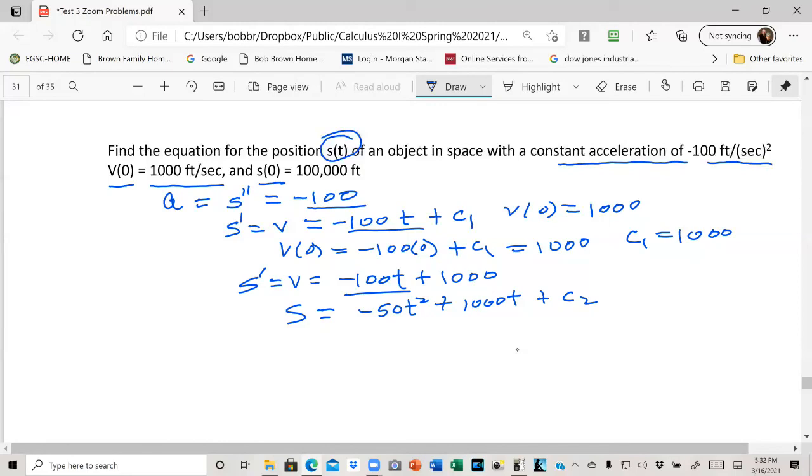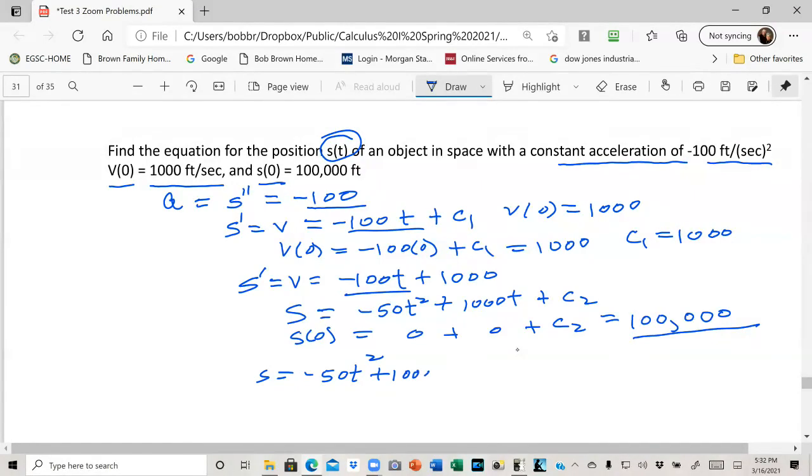Now we're given that S at 0, plug that in, we get 0 plus C2 is supposed to be 100,000. So now we have all the information for the position of this object in space, and we can write down that S is equal to minus 50t squared plus 1,000t plus 100,000.